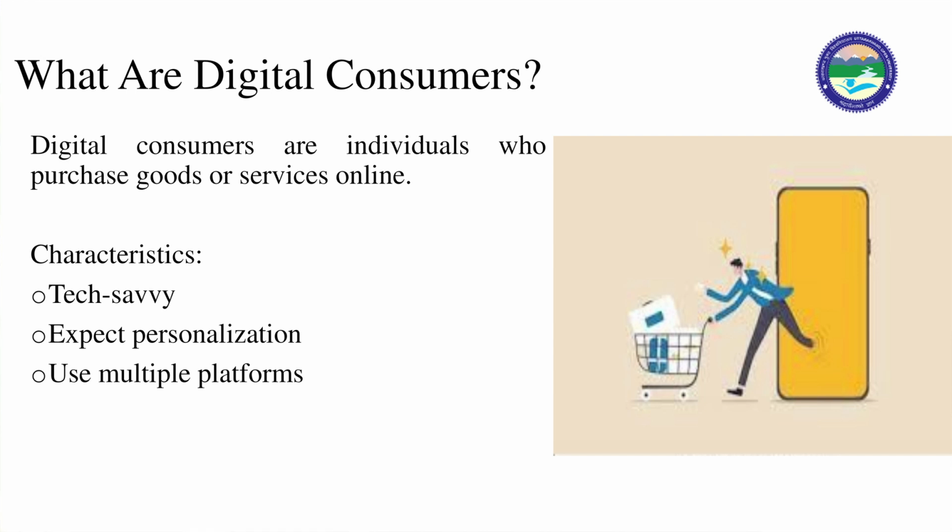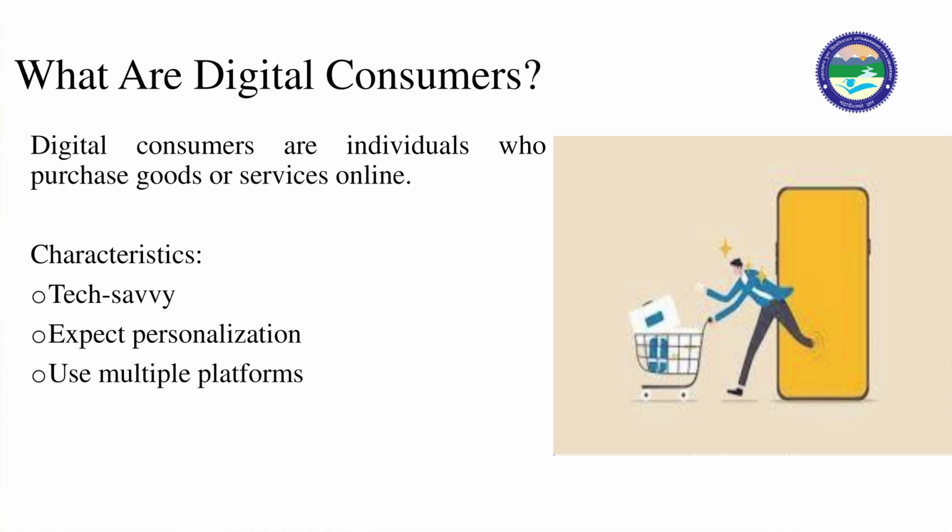Third one is demand for personalization. They expect tailored recommendations, content, and experience. Next one is global reach. They are engaged with brands and platforms regardless of geographical location. Last one is social influence. They rely on online reviews, social media trends, and influencer recommendations.